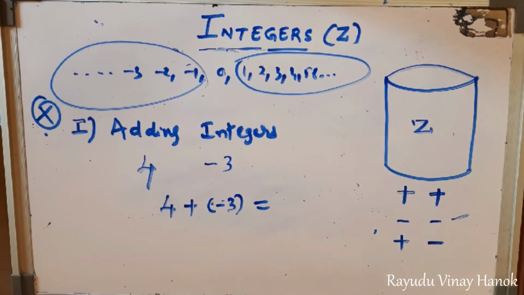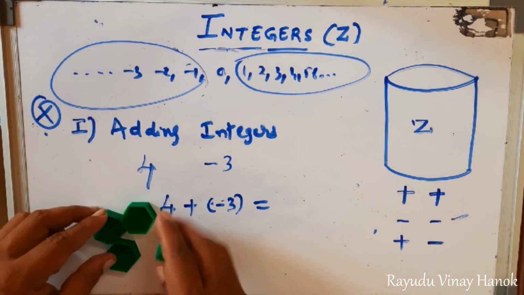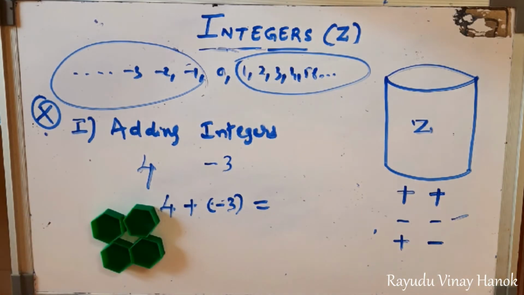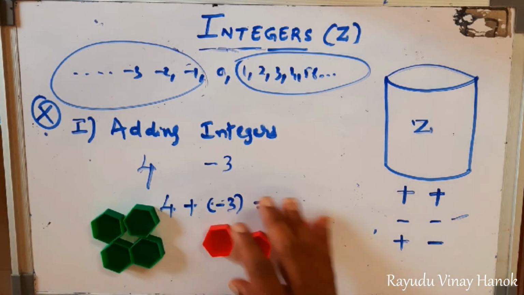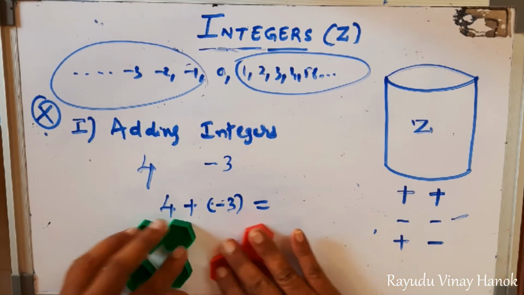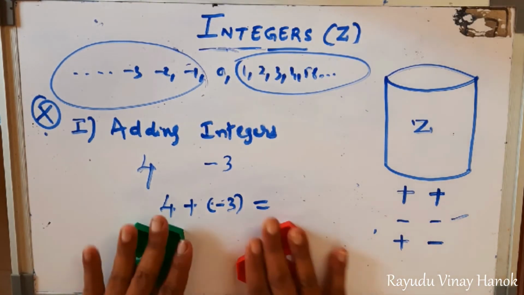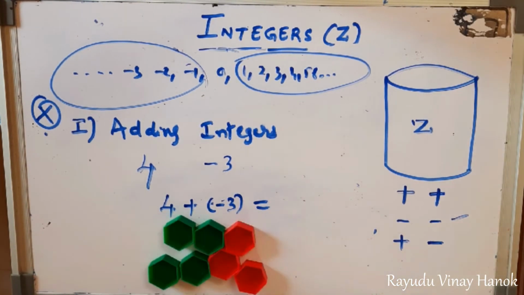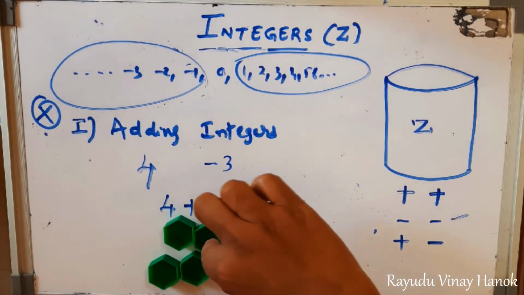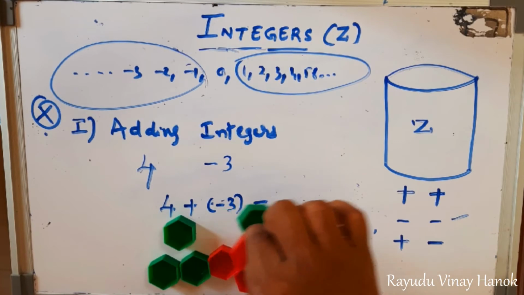Yes, again we take the assistance of our activities. 4 positive numbers means I have to take 4 of these things and 3 negative numbers. Now see, 4 plus minus 3, I have to add them. Whenever I am adding, as I told you at the beginning, one positive, one negative gets neutralized.